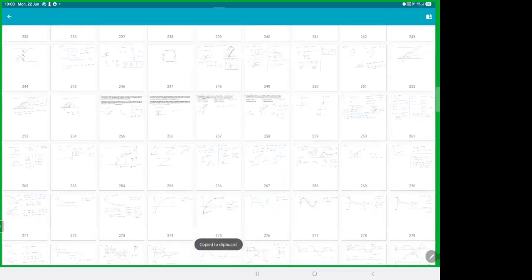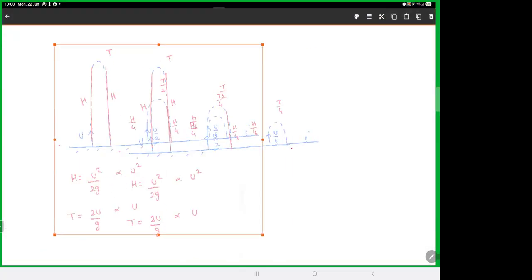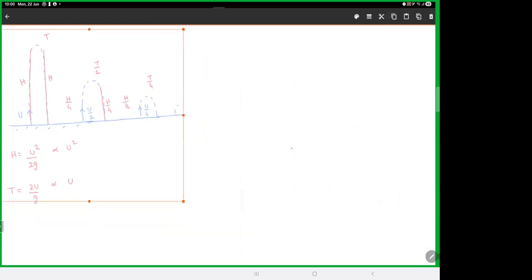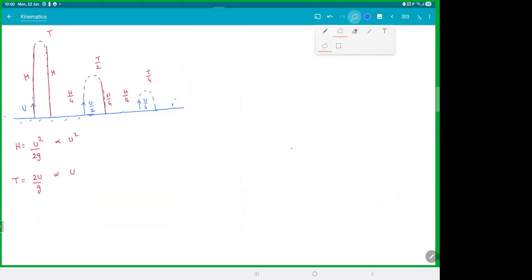D is wrong. The graph will not go till infinity. We can clearly see here the total time of flight will be t plus t by 2 plus t by 2 square and so on till infinity. This comes out to be 2t.